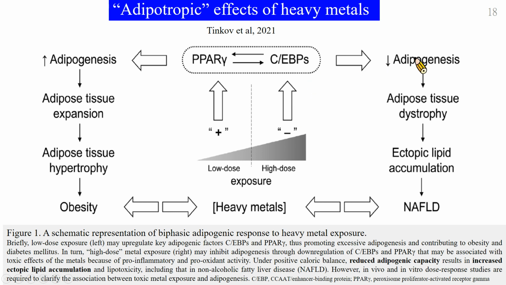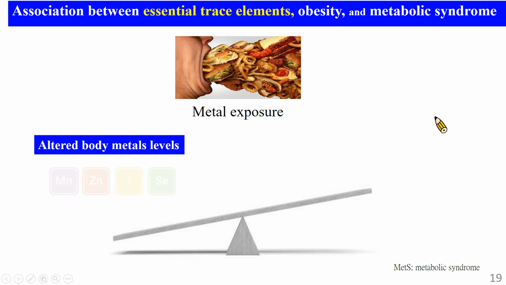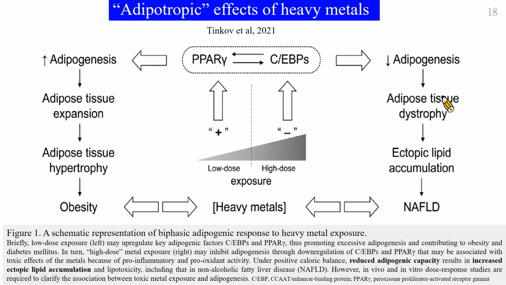In this case, heavy metal may decrease adipogenesis, and this will lead to adipose tissue dystrophy and ectopic lipid accumulation. That means it will lead to an increase in fatty liver or lipid accumulation in the organ. But if one has a low dose of heavy metal exposure, this will increase the PPAR gamma pathway. We know PPAR gamma is important in adipogenesis.